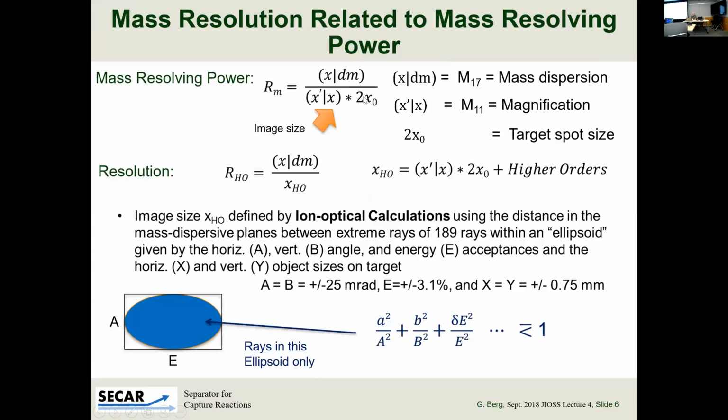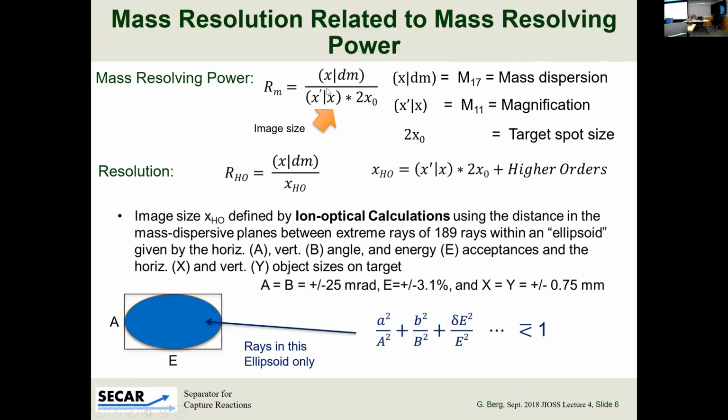So we typically think about it as a millimeter, but that depends, of course, on the particular beam. The mass separation is defined similarly, but with COSY you now know how to calculate the matrix element M17, or X delta M. So you replace the momentum dispersion by the mass dispersion. And then you have the mass resolving power.